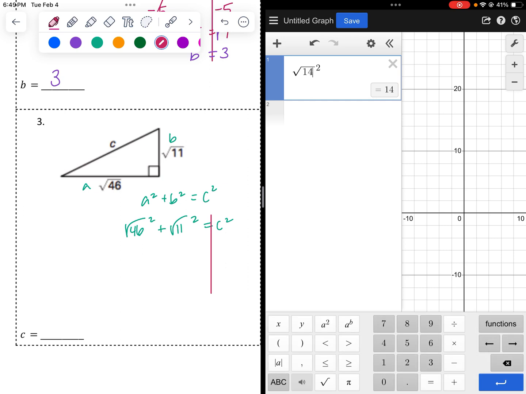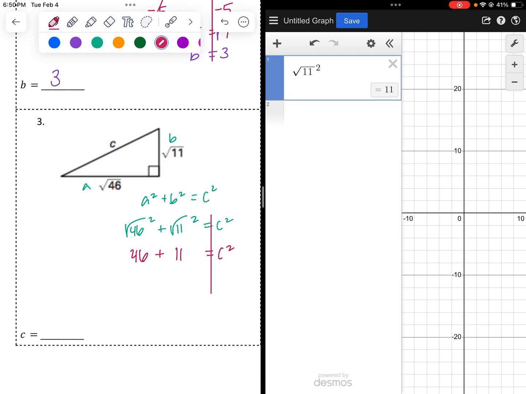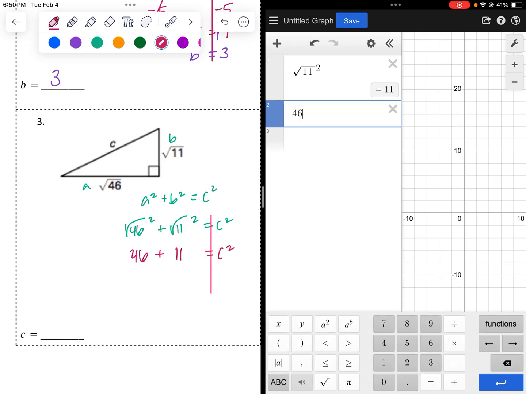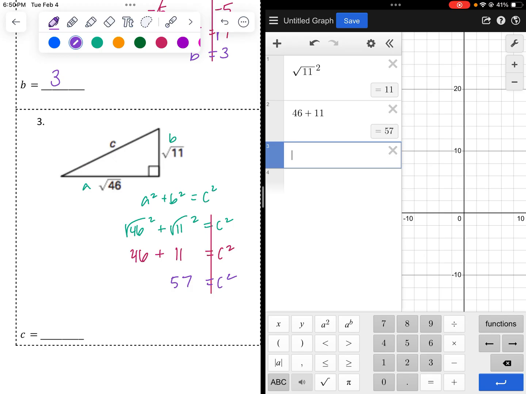You might already be catching on, but I could plug it into my calculator. The square root of 46 squared gives me 46, plus the square root of 11 squared gives me 11, is equal to c squared. 46 plus 11 gives me a value of 57, is equal to c squared. I'm going to take the square root of 57 on both sides.